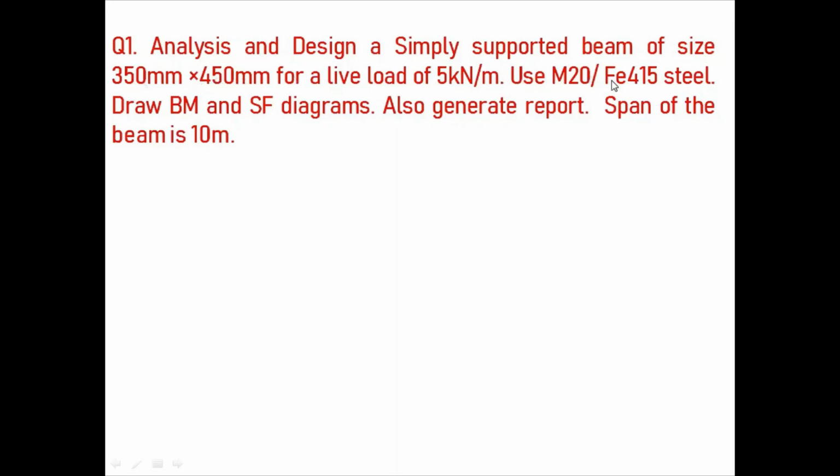We will be using M20 and Fe415 steel. In the report we also need the bending moment and shear force diagram, so we will be generating that report, and the span of the beam is given as 10 meter. Obviously, for the bending moment and shear force diagram we need the span. So let us see how we can model this problem in STAAD Pro.